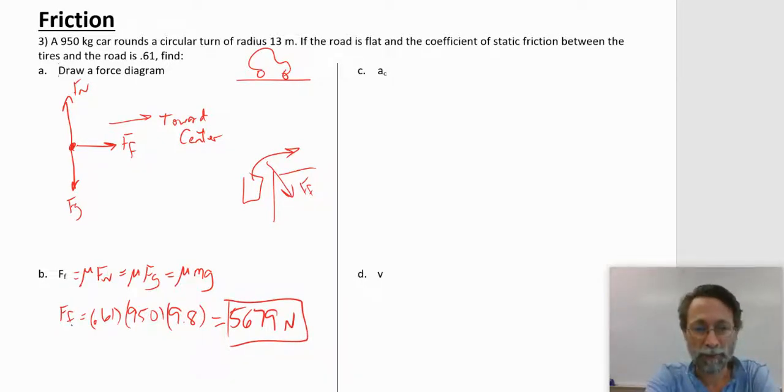Second, I want to find out what the acceleration towards the center of the circle is. Since I have the force pulling it towards the center, then I can say the centripetal force equals the mass times the centripetal acceleration. I already know that force of friction, and instead of plugging this number in, I want to plug in the variables here, equals m a_c. That force of friction we ultimately determined was mu times mass times gravity.